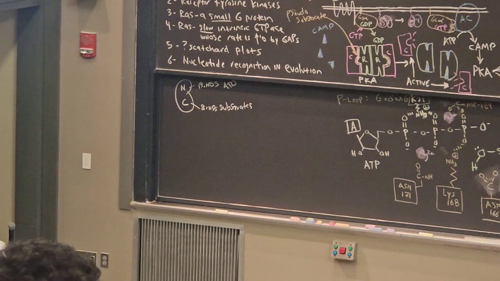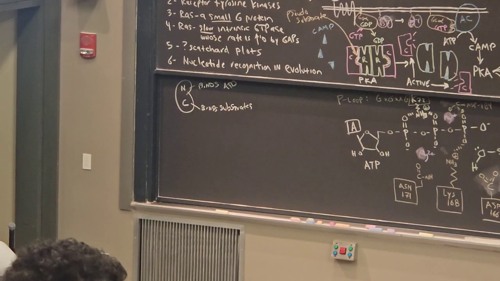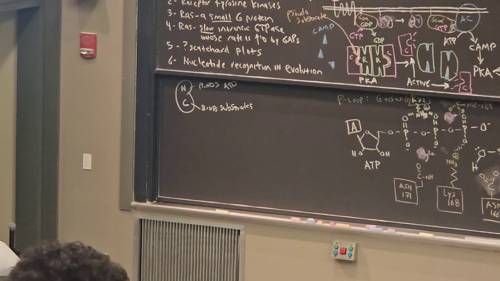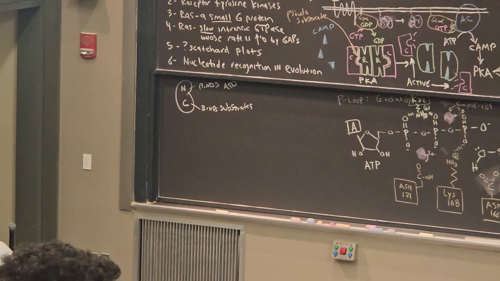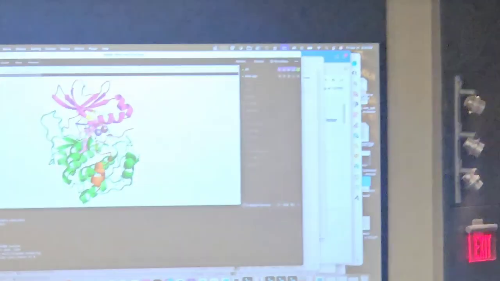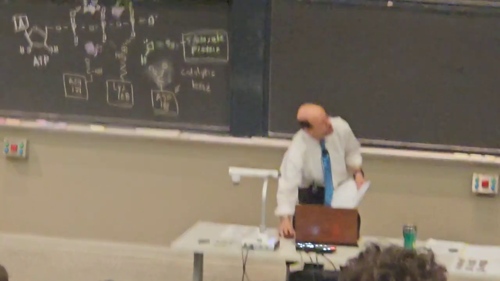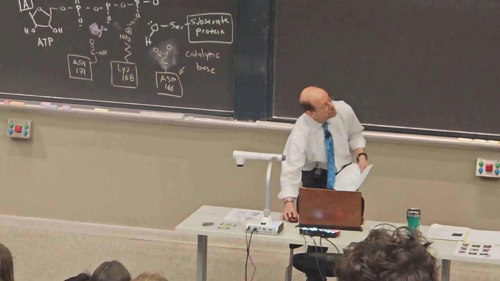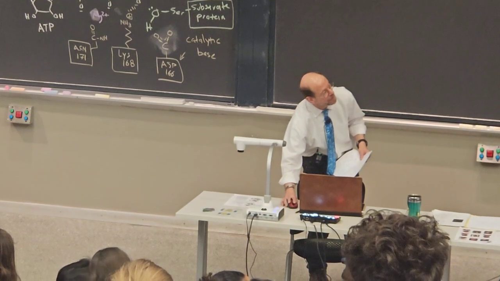Okay, and then I've given you, let's see if I can show this to you. And you can see here, and I will post this, I think I already have posted this. This is its structure of PKA. You can see the ATP molecule, hopefully right here. You see those two purple spheres, those are magnesiums, you're not surprised about that.